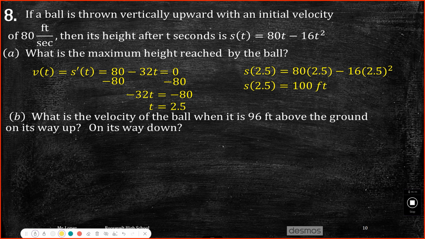Okay, let's go to B. What is the velocity of the ball when it is 96 feet above the ground on its way up and then on its way down? Let's do on its way up first.